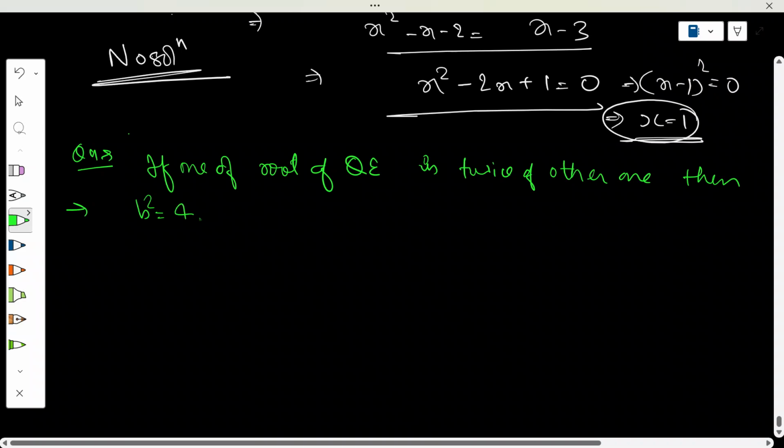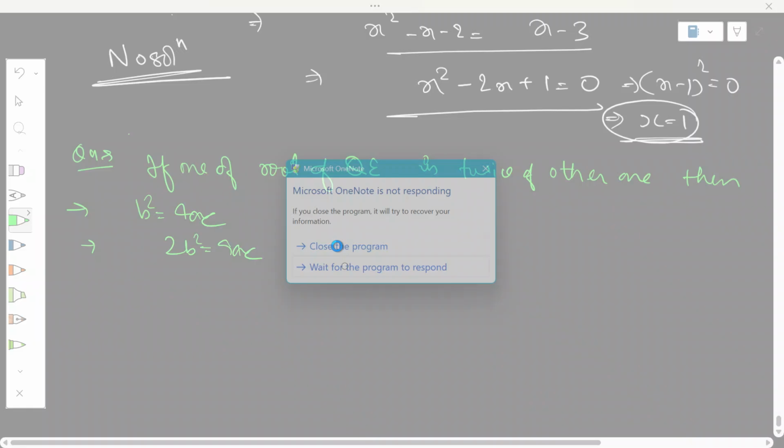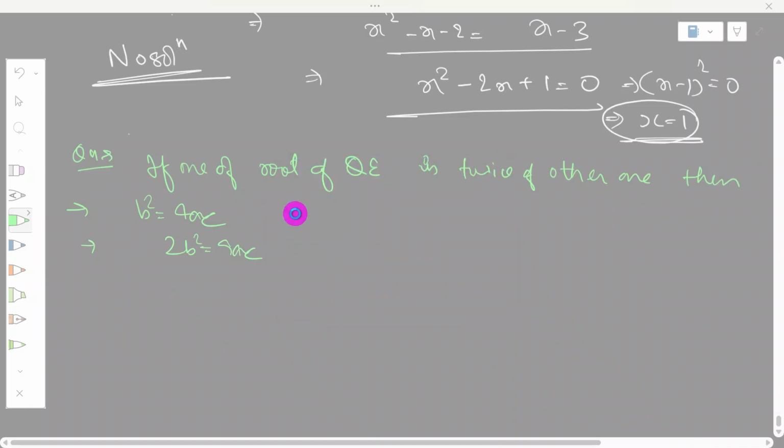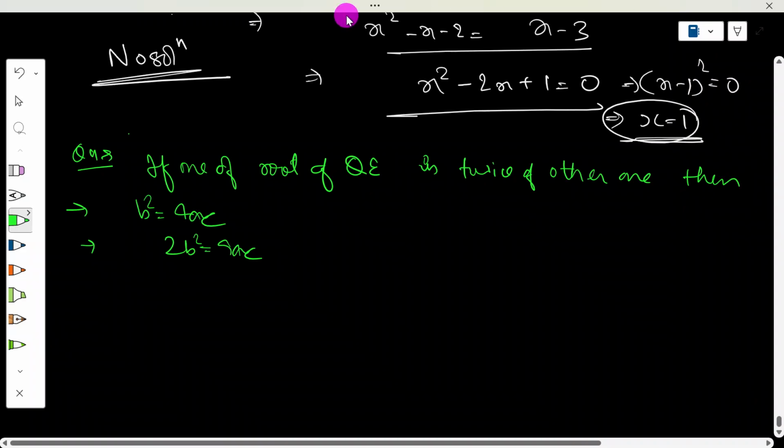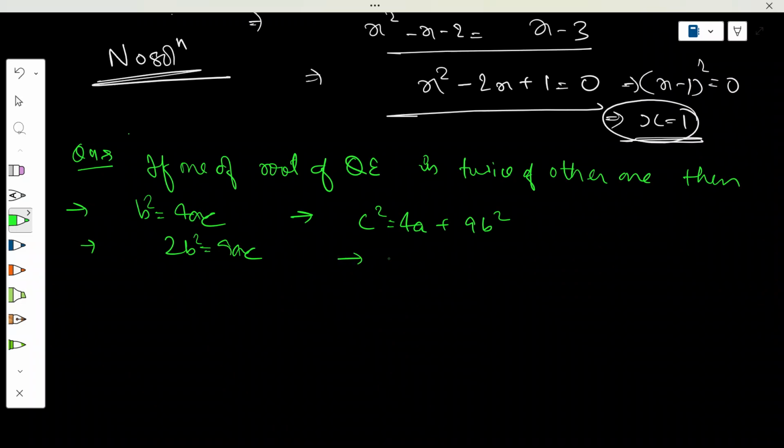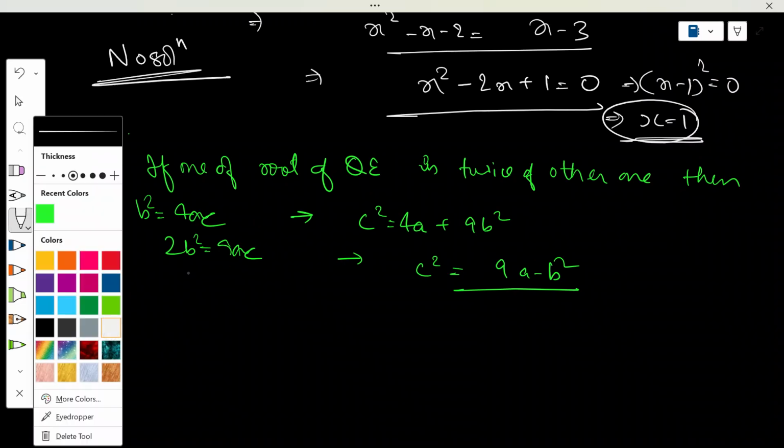The options are b square equals 4ac, or 2b square equals 9ac, or c square is equal to 4a plus 9b square, and the other one is c square equals 9a minus b square.